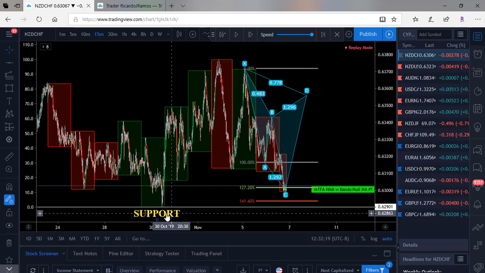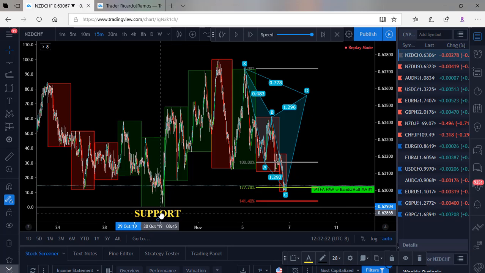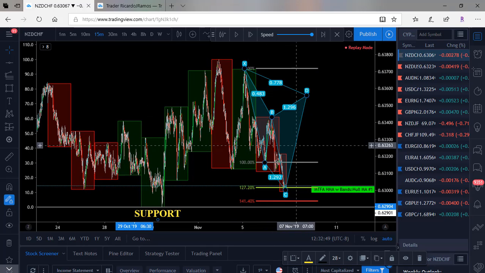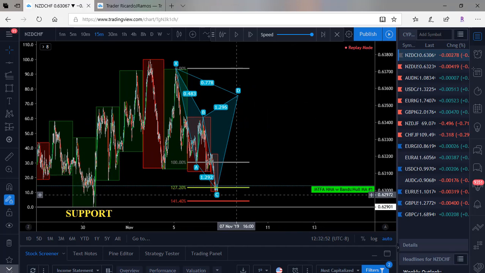There was a strong support from October 30th, where it pretty much tagged this support line and price jumped from there. That was the number one reason why I was encouraged to take this trade off the C move to D.